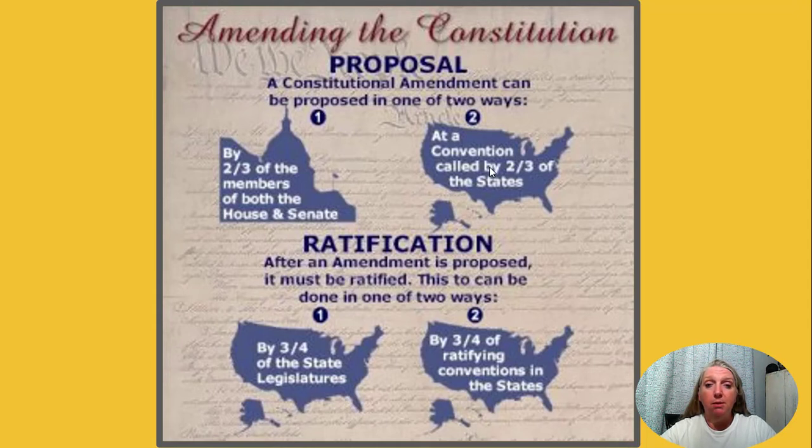So the proposing of an amendment can happen in two ways, either by 2/3 of the members of both houses of Congress. So the members of Congress will have to vote for this. It gets introduced just like a bill would, and then it goes through the lawmaking process.